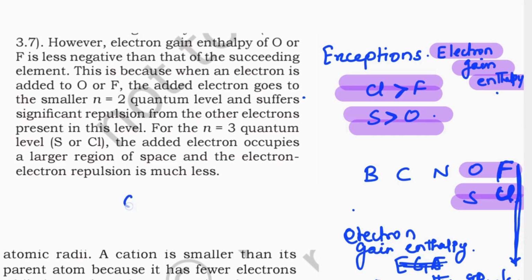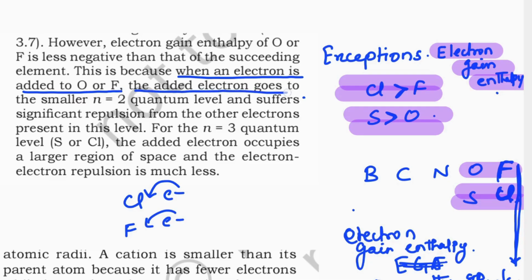This is electron gain enthalpy. Basically we are going to add one more electron to oxygen, fluorine, chlorine. So we have to write: when an electron is added to oxygen or fluorine, the added electron goes to the smaller n equal to 2 quantum level.